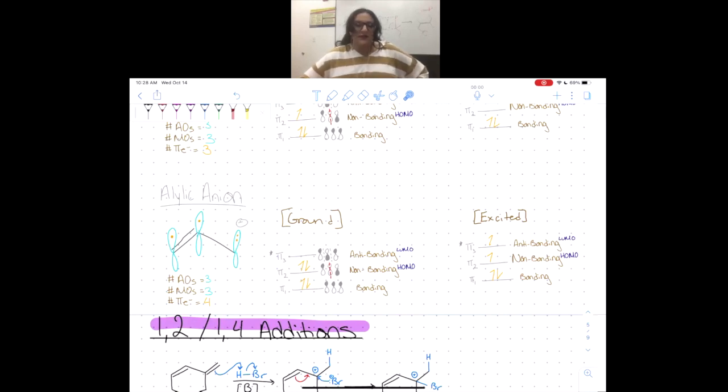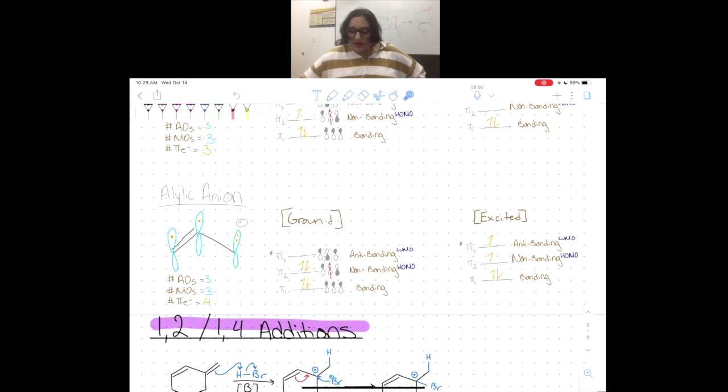The difference is the number of electrons. In the ground state we have 2 bonding electrons, 2 non-bonding electrons, and 0 antibonding electrons. In the excited state, we have 2 bonding electrons, 1 non-bonding, and 1 antibonding electron.